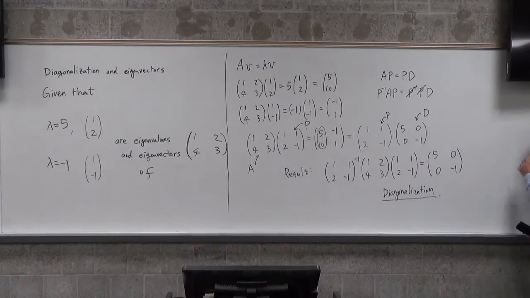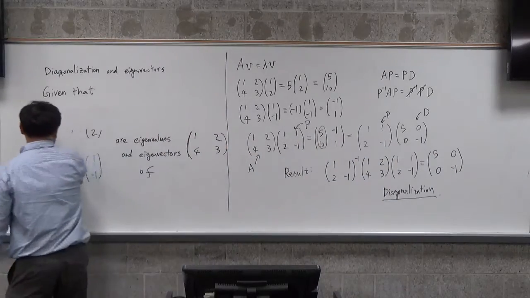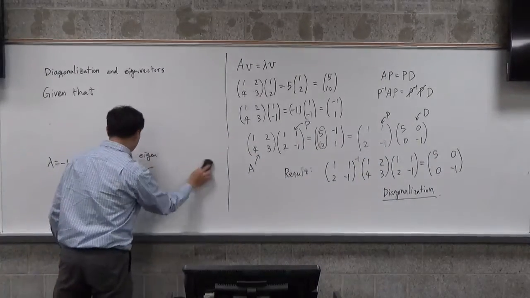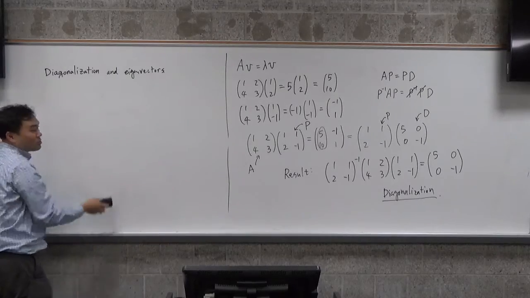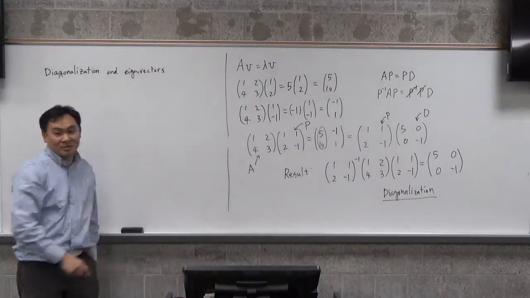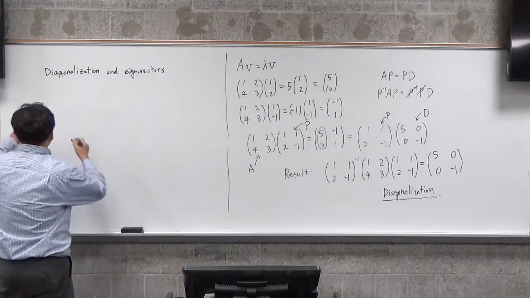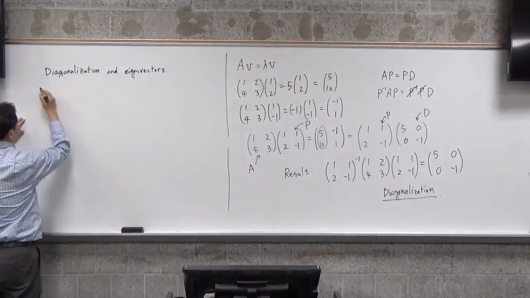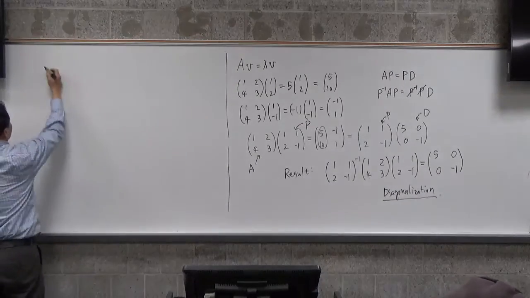Okay, so with this diagonalization, let's try to put two questions that you can solve. And it could be a question on the exam, right? So here's a nice question on the exam.